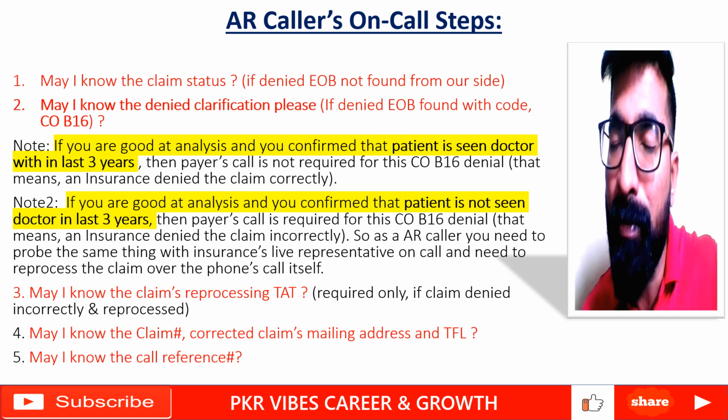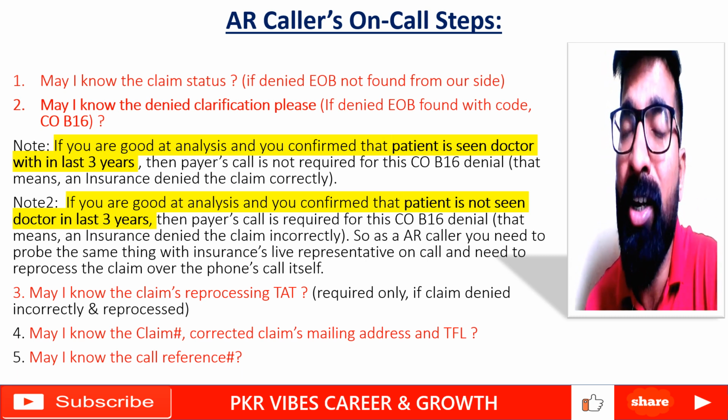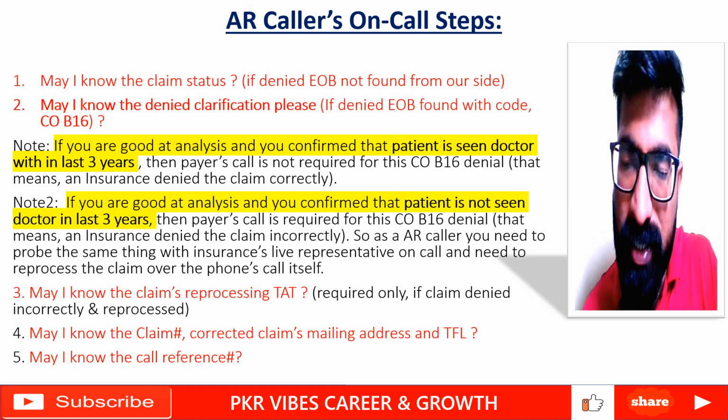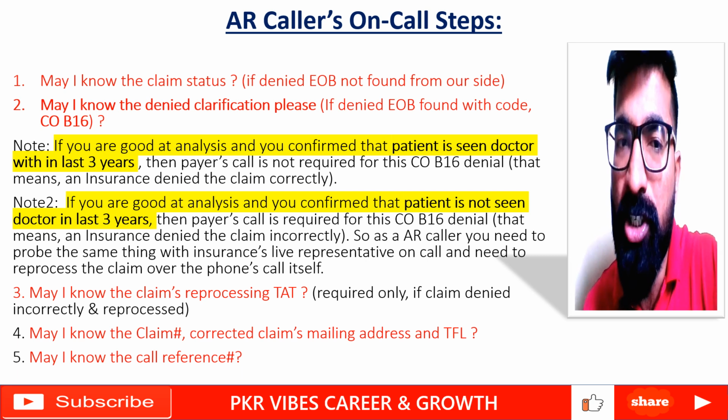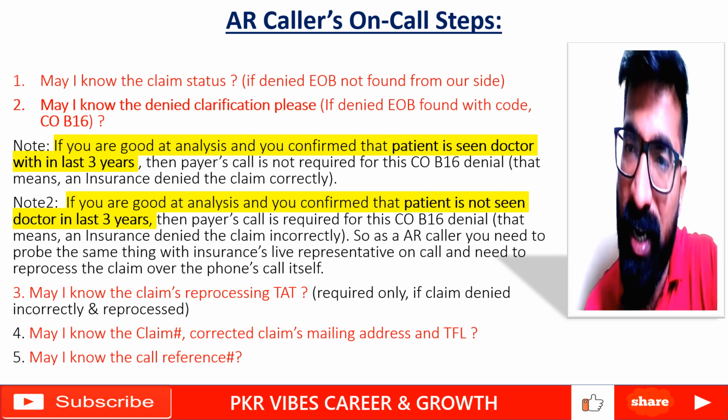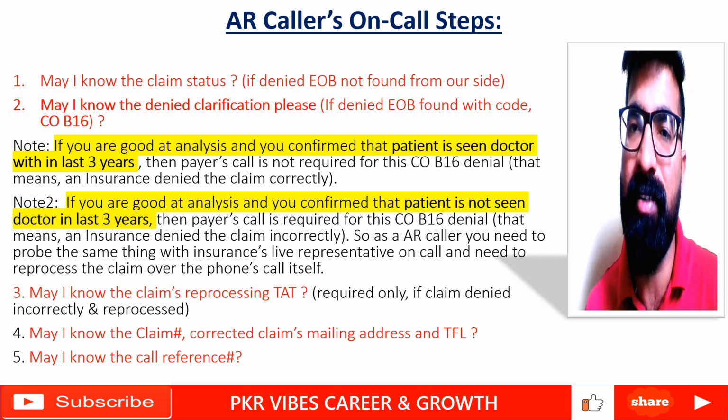But we submitted the claim to insurance along with the 99201 to 99205 CPT codes. We are telling insurance that this patient is a new patient, but insurance is denying with CO B16, saying your patient is not a new patient as per our guidelines.